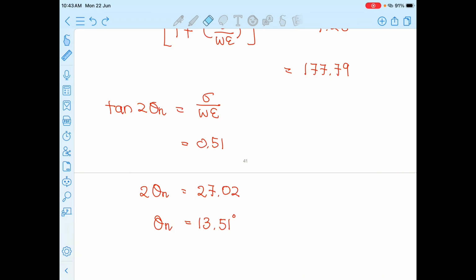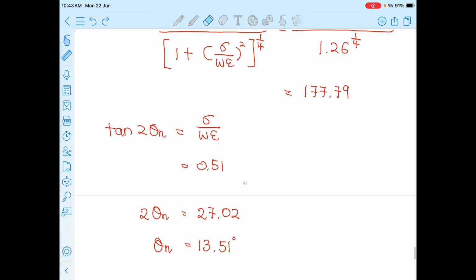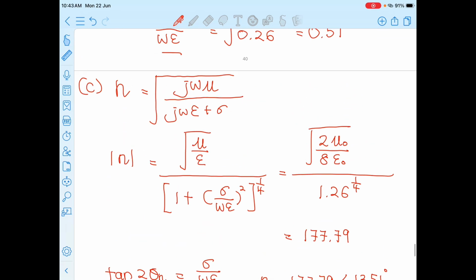So this is the angle. When you write all of them together, it will be equal to 177.79, and the angle is 13.51. So this is the wave impedance or intrinsic impedance.